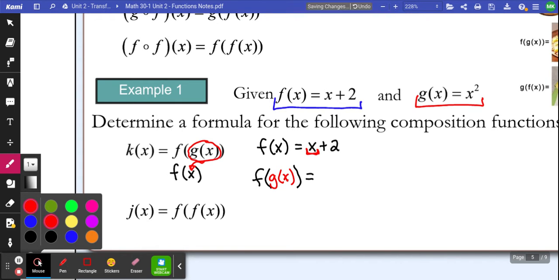You take this x value and replace it with g of x, which is x squared. So this would become x squared plus 2. It's a function within a function. I put g of x into f of x.